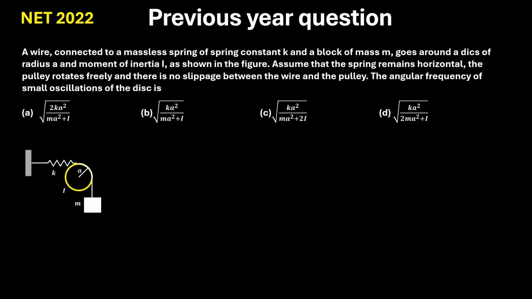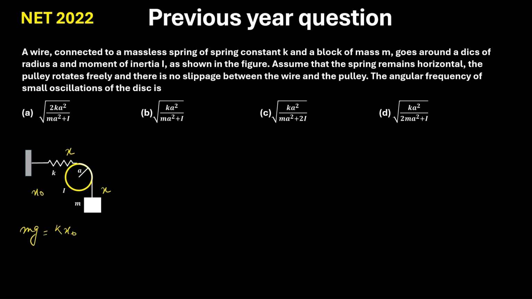Since the wire is inextensible, whatever displacement x is happening for the spring, the same displacement will be happening for the mass m. And suppose x naught is the equilibrium displacement of the spring, then under equilibrium mg will be equal to k times x naught. We'll be using this later when we derive the equation of motion.